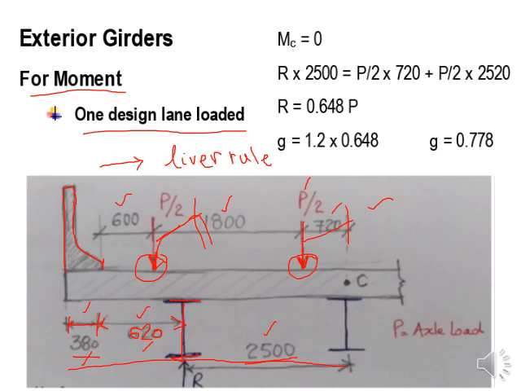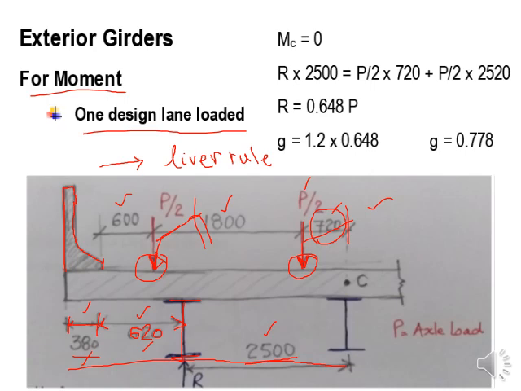So it will be 1800 plus 600 minus all of this distance, so the rest will be 720. Okay, this 720 is not a fixed value; you can calculate it by subtracting 1800 plus 600 from 2500 plus 620 plus 380. So this rest of the distance will be 720 from this point C.